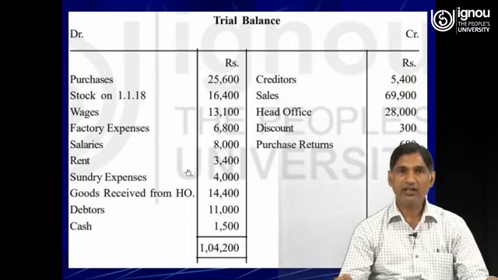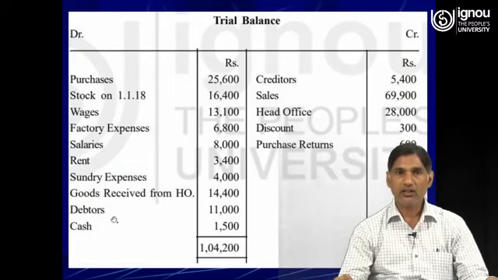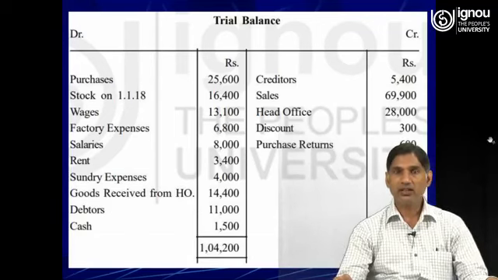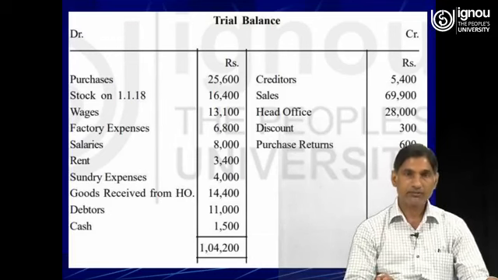Rents 3,400. Sundry expenses 4,000. Goods received from head office 14,400. Debtors 11,000. Cash 1,500. Discount 300. Purchase returns 600. So the total is 1,04,200.